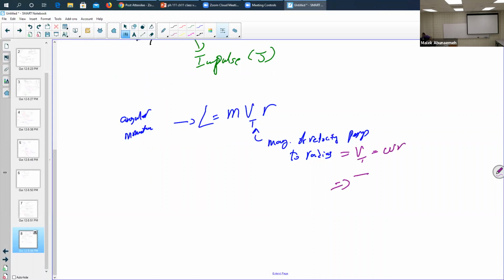That means your angular velocity equals tangential velocity divided by r.